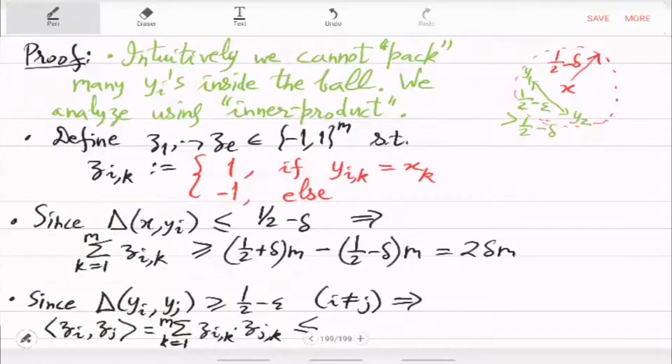In how many places will they match xk? Well, that will be fewer than half plus epsilon by the above inequality. And the negatives will be more than half minus epsilon, which is 2 epsilon m.